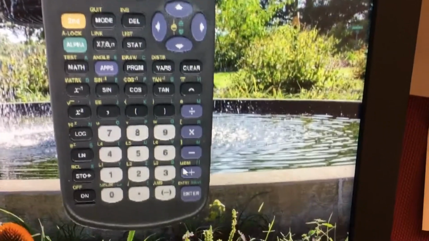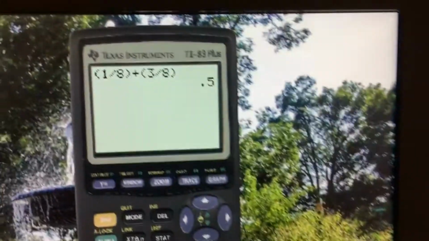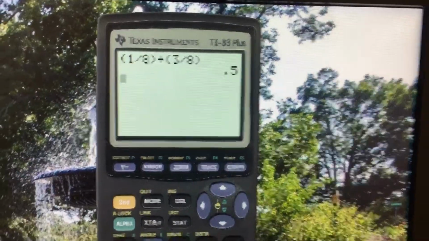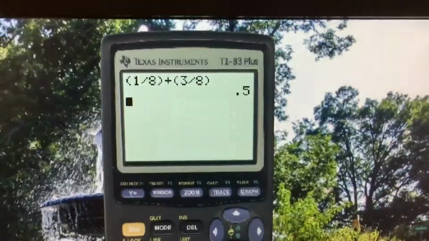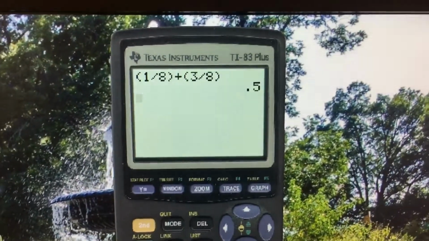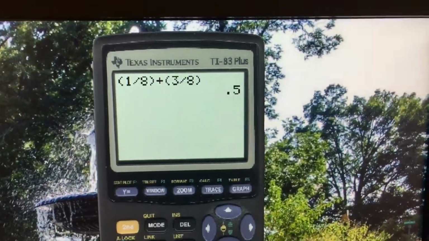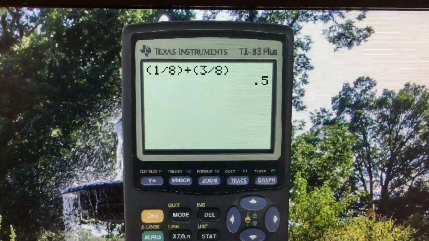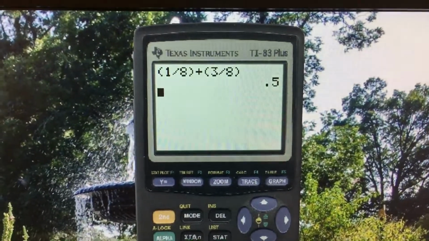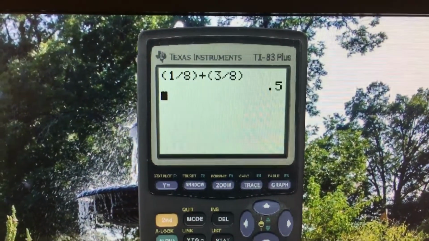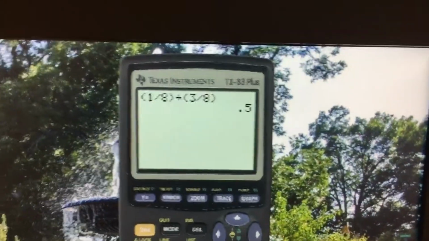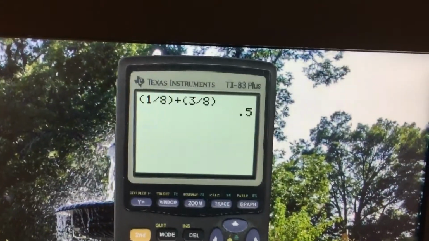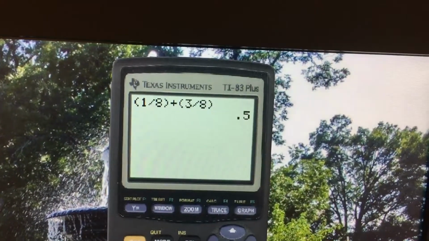Now, if you hit the enter button, you're going to get a decimal. I noticed on the quiz, several of you were giving me decimal answers when it said specifically to give fraction answers. I believe everybody that took the quiz made at least the 80s. If you want to try to make 100, some of you just missed converting your decimals to fractions.